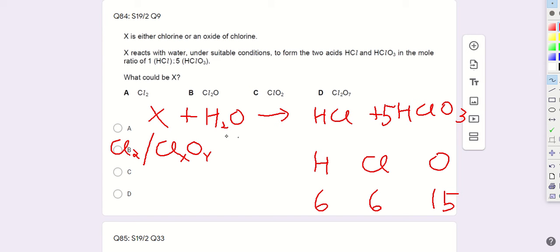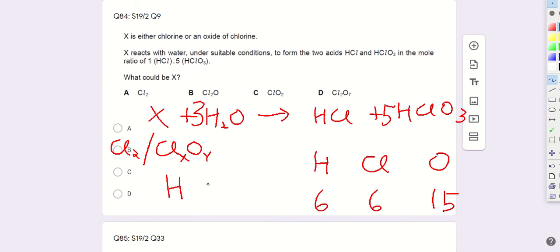Inside X there is no hydrogen, so all hydrogen in the products comes from water. That makes the whole thing easier. The 6 hydrogen all comes from water, so we have 3 water, because 3 times 2 is 6. No hydrogen in chlorine, no hydrogen in oxide of chlorine. So that tells us we have 3 oxygen from water.